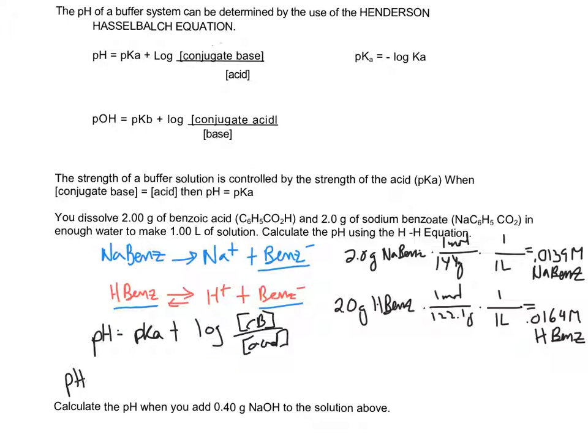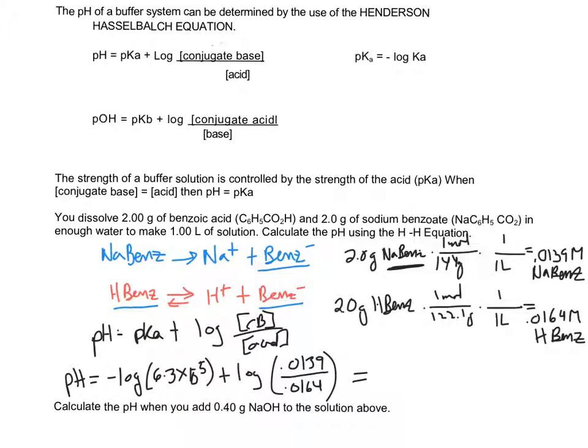So my pH is going to be pKa, remember, is negative log of the Ka, so negative log of, then you look up the Ka value for benzoic acid, it's 6.3 times 10 to the negative fifth, plus log of the concentration of my conjugate base. So my conjugate base is my sodium benzoate, so that's 0.0139 molar, divided by my benzoic acid. My acid is 0.0164.